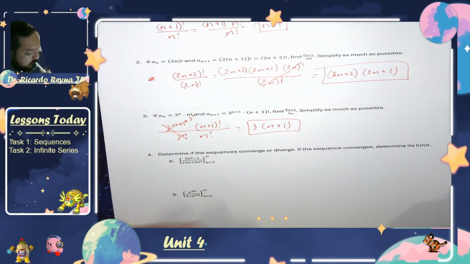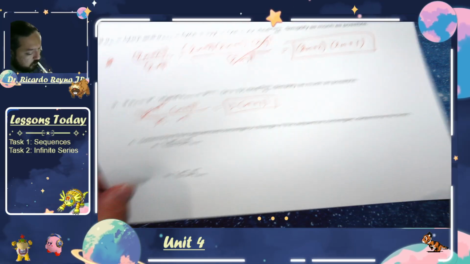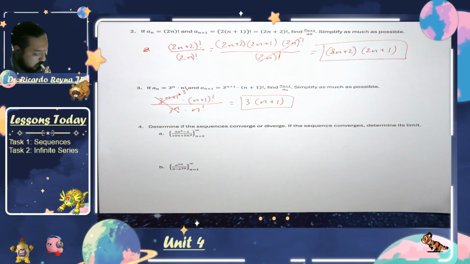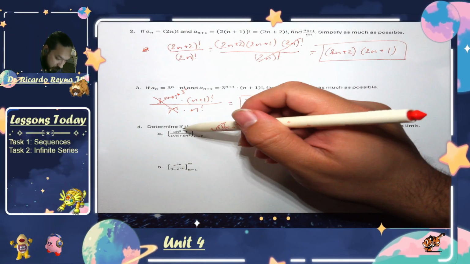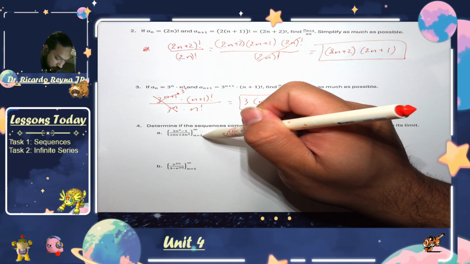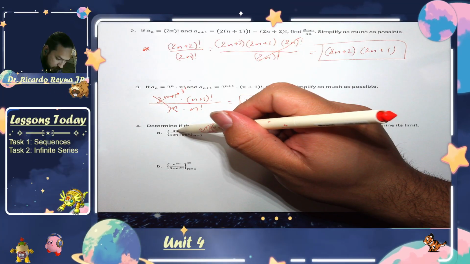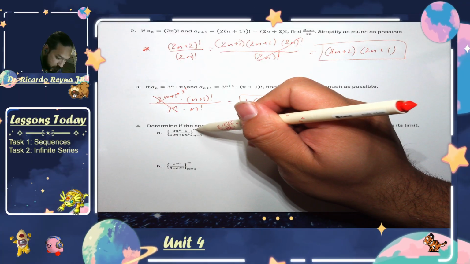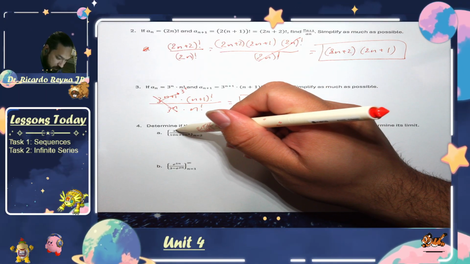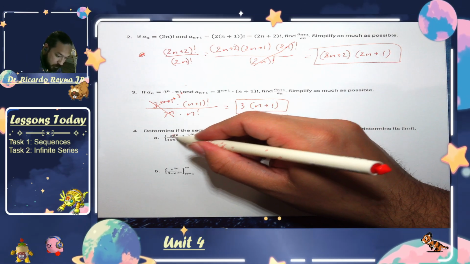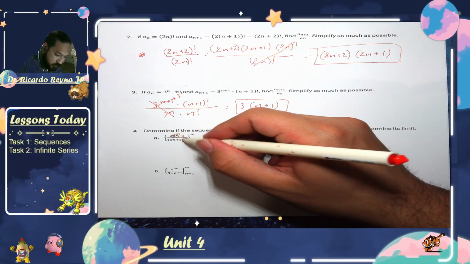All right, next, determine if the sequence converges or diverges. If the sequence converges, determine its limit. So from here, we start with n equal to 2, but either way we're going towards infinity, and we have this one and this one.